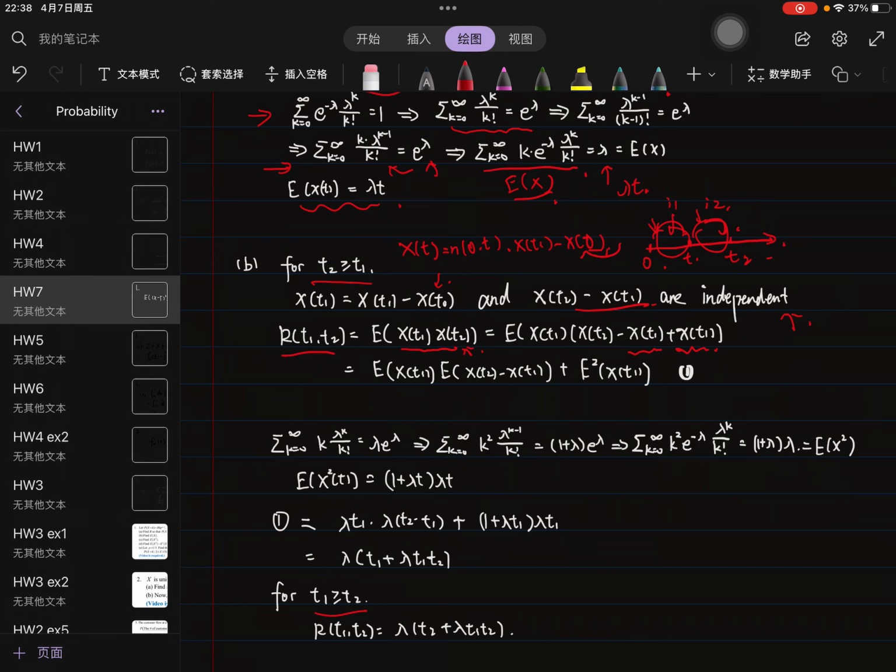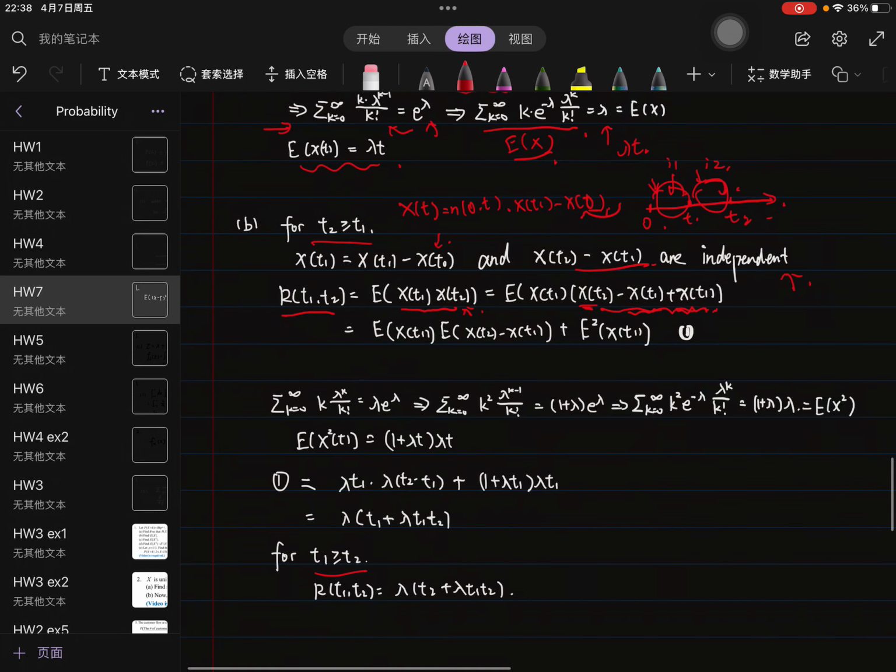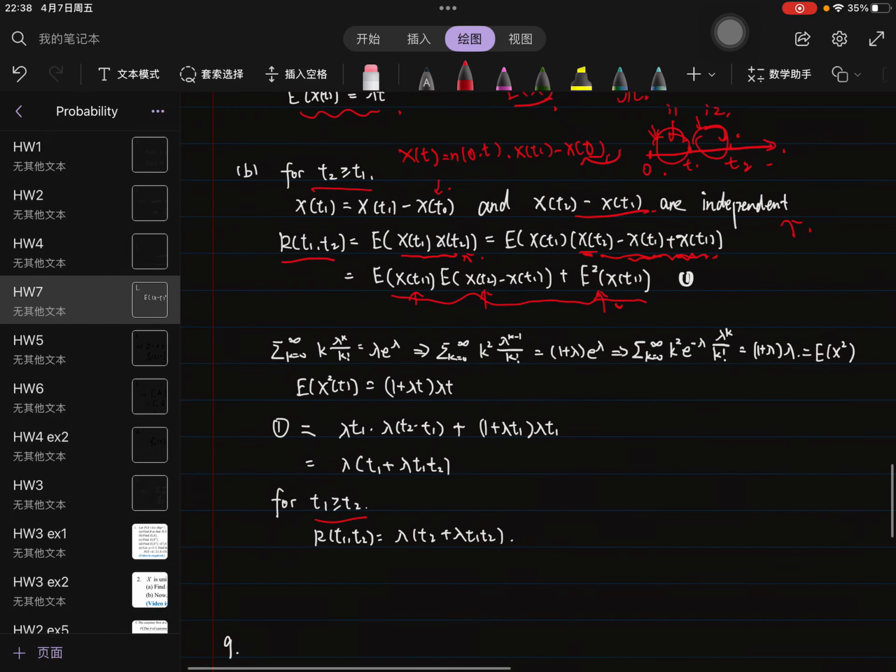The equation does not change, right? Then we take this out of the parentheses. They are independent, so we could write the expression as the multiplication of these two expected values, plus the square of the expected value of X(t1).